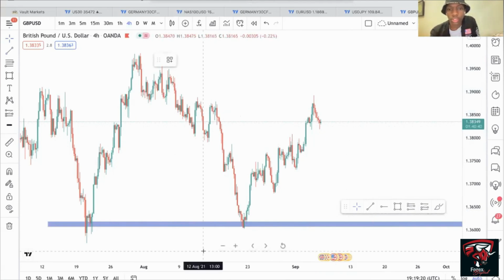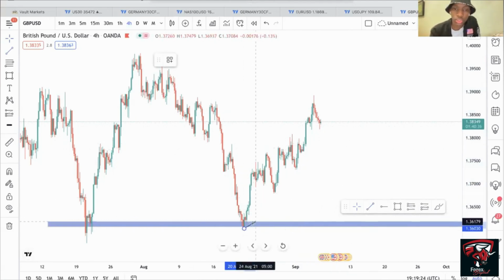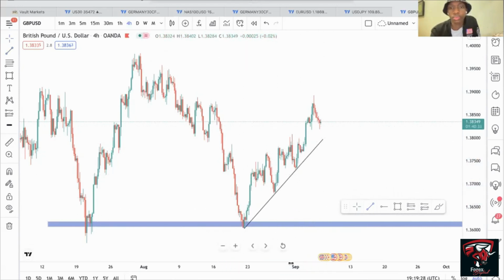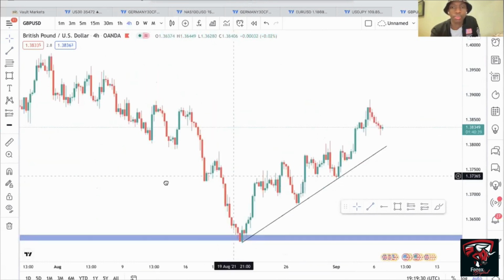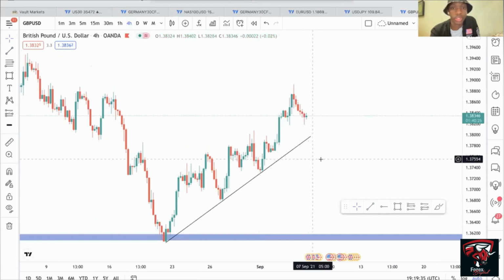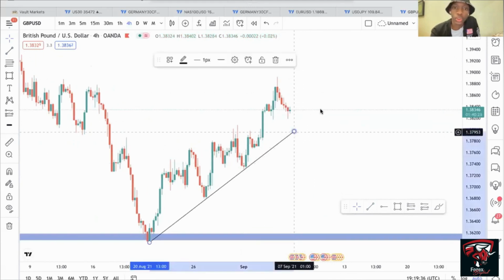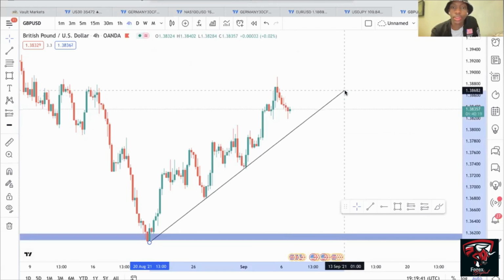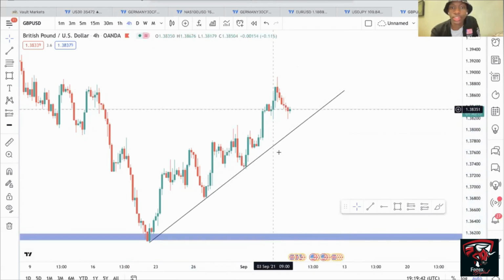So, as you guys know, well, as I've been saying, connect on our lows. So first low, second, third, boom, third touch, this would have been our entry point. Right now, we're actually in that retracing phase.